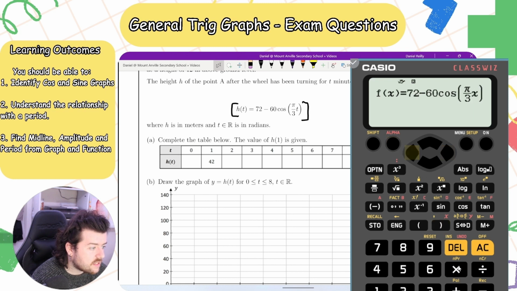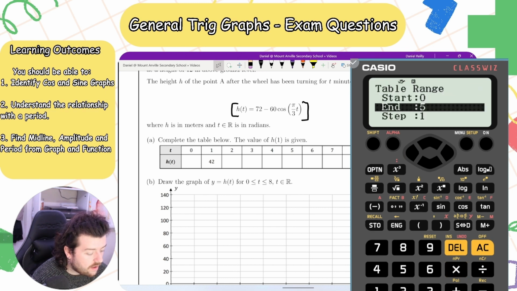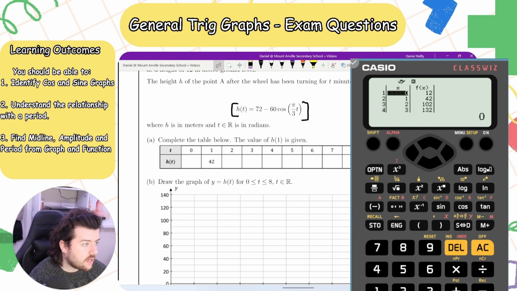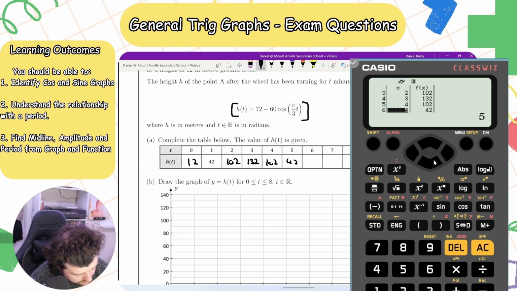Make sure to put a little times there so it works. Then I'm starting at 0 and going up to 8, in steps of 1. So I'm getting 12, 42, 102, 132, 102, 42, 12, 42 again, and then 102.